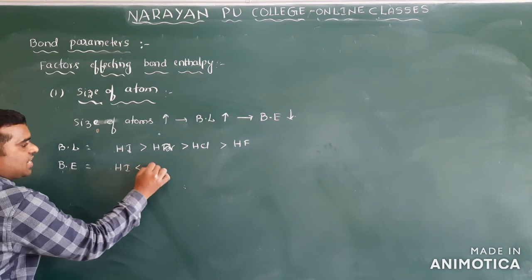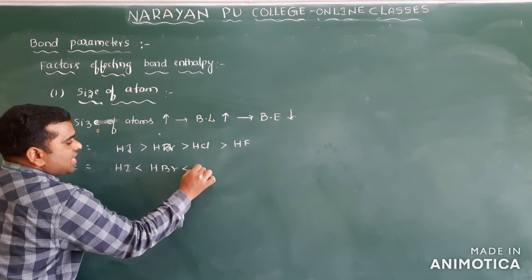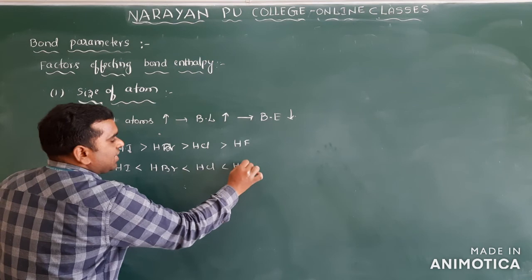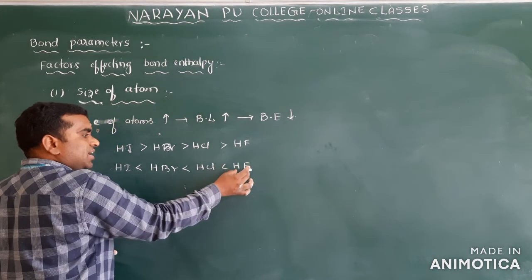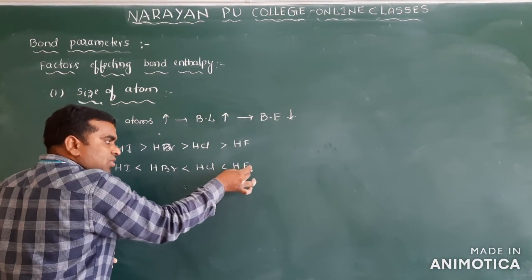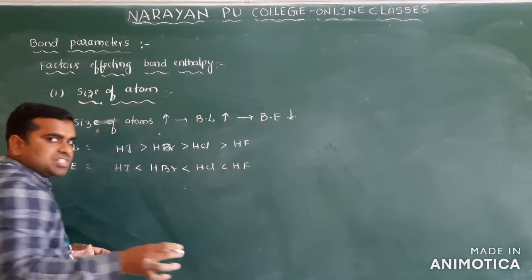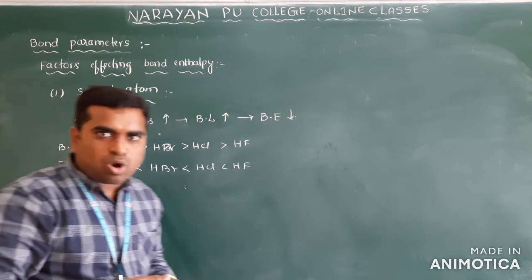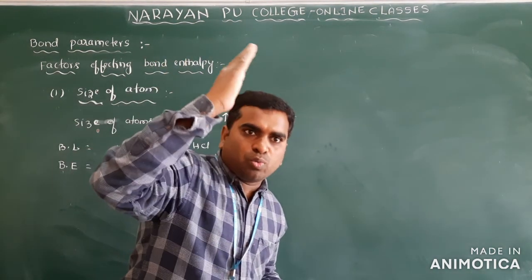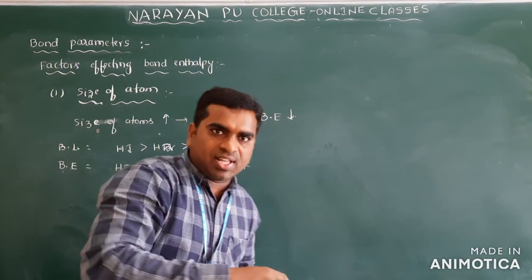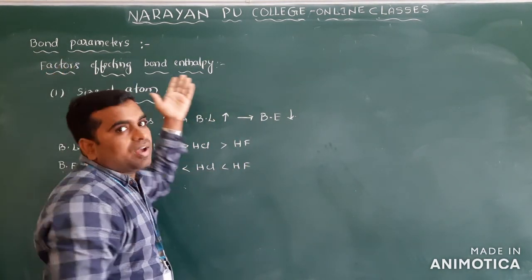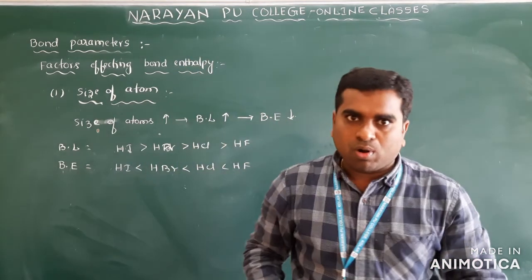So HI is less than HBr is less than HCl is less than HF. See, this bond length is very short, so that's why the bond between the hydrogen and fluorine is very strong. If the bond is strong, to break that bond you have to put a lot of energy. That we will call as bond enthalpy. The energy required to break the bond.